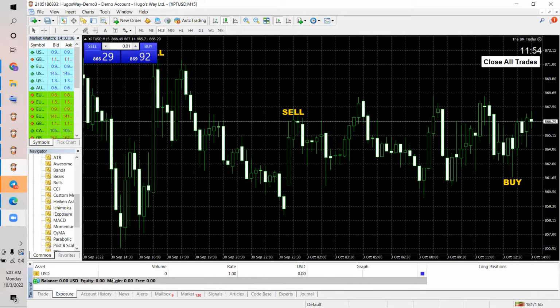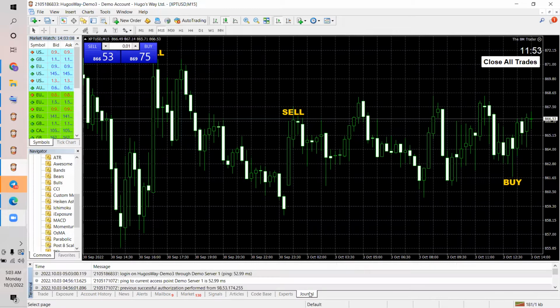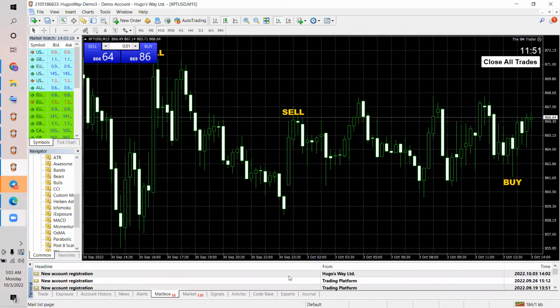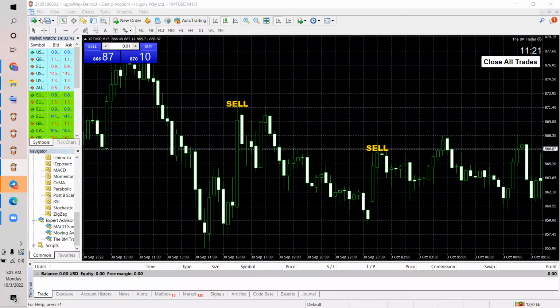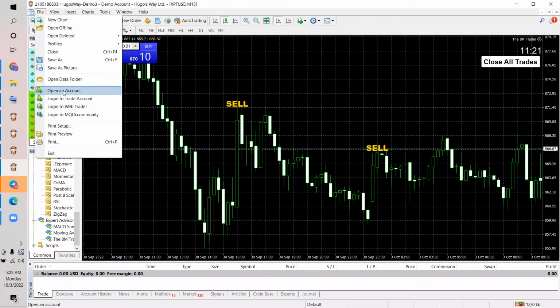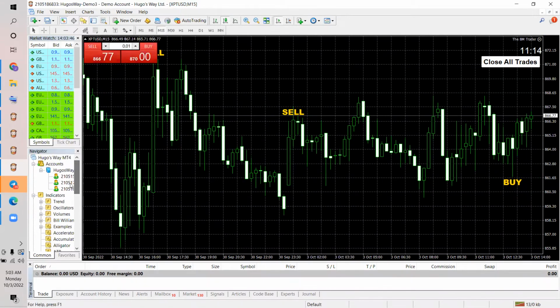Give me just 1 second to make sure everything is set up correctly. I do not know why that says balance is 0, so give me 1 moment. Okay, let's try this a different way. So what I'll do, in just 1 second, I'm going to go to File.